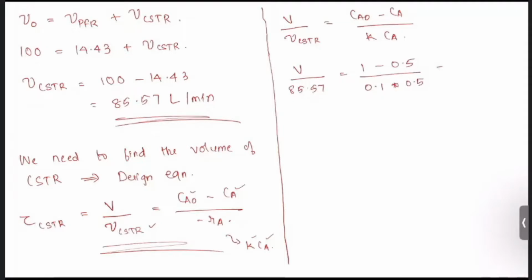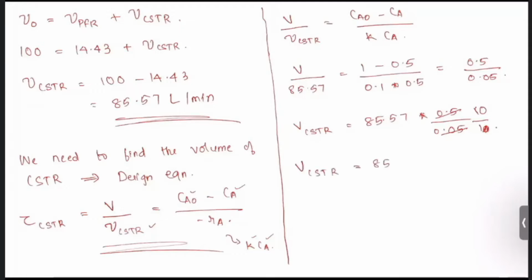If we do the right hand side, it will be 0.5 by 0.05. So the volume of the CSTR will be equal to 85.57 into 0.5 by 0.05. This is basically 10 by 1. So V CSTR will be 85.57 into 10, and it will be 855.7 liters.